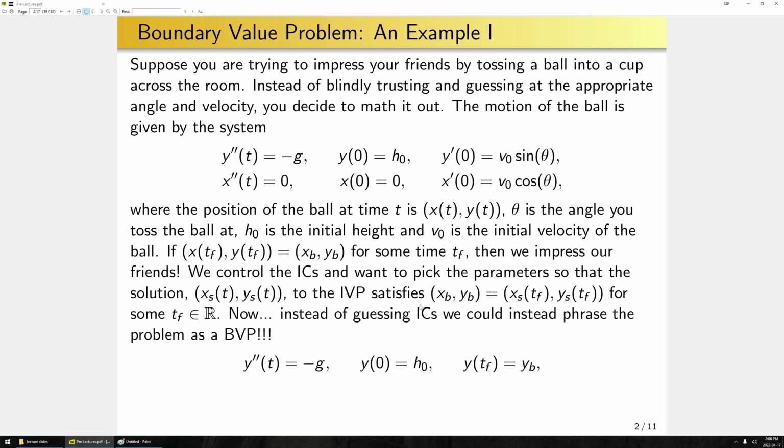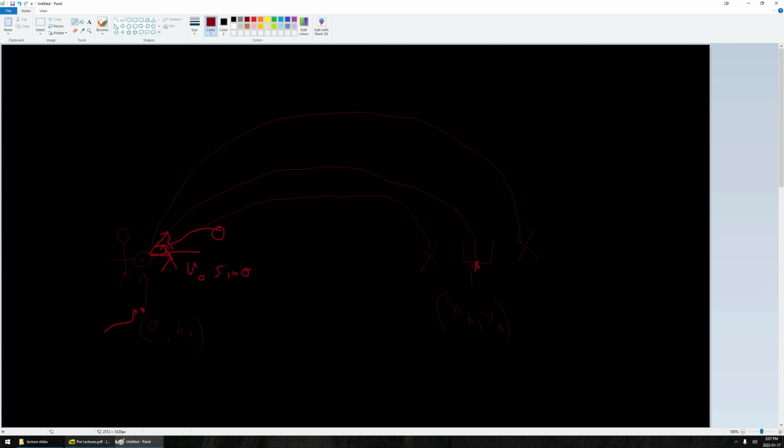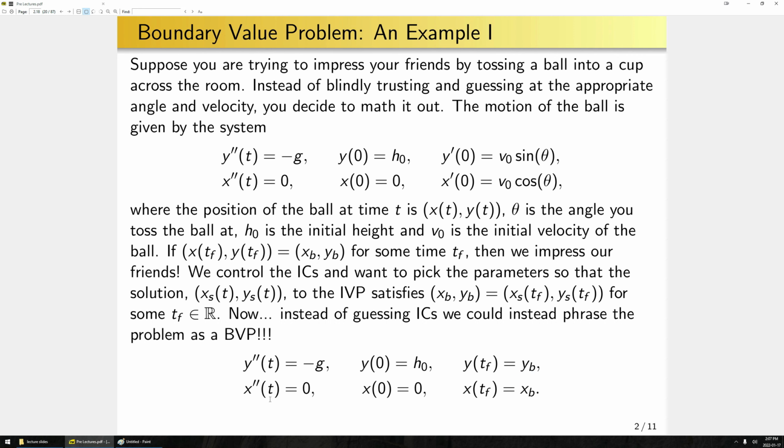Instead of saying I have this initial velocity that I want to pick, I can say, hey, I want at some time TF, where you can pick the time, potentially, for the ball to be in the Y position, Y sub B, which corresponds to being in this basket, right? And similarly, I want X to satisfy this system here, where at the same time T sub F, the position of the ball is X sub B.